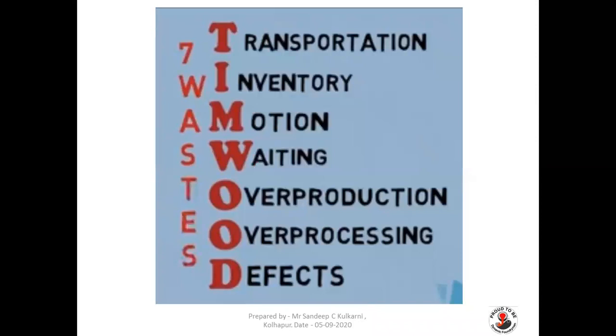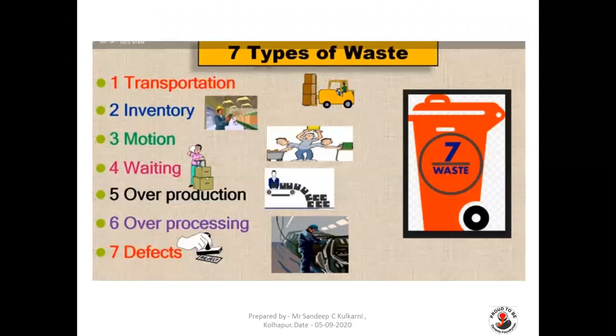So it is T for transportation, I for inventory, M for motion, W for waiting, O for overproduction, O for overprocessing, and D for defect. So these are 7 waste identified. So this is another picture saying these 7 waste types, that is transportation, inventory, motion, waiting, overproduction, overprocessing, and defects.